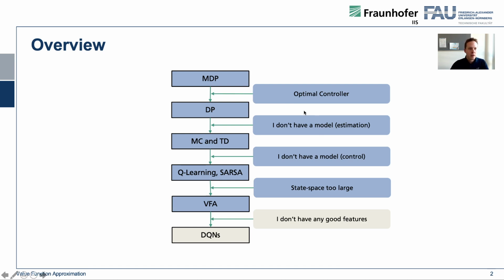Okay, so where are we so far? We began with introducing Markov decision processes as a formal framework to formally define our decision-making problem. We defined optimal controllers through dynamic programming techniques, but afterwards also found out that in practice we usually do not have a model that we can use to estimate the value function.